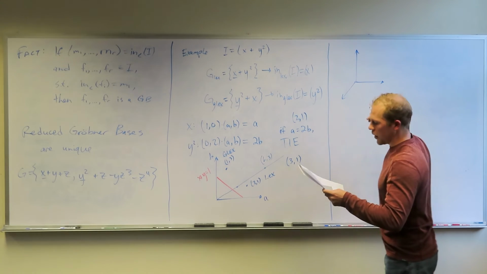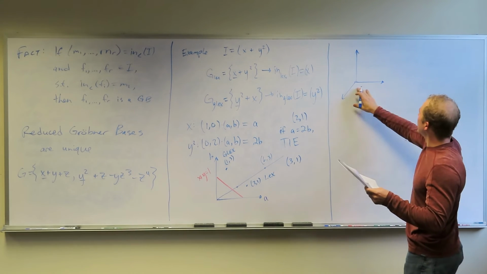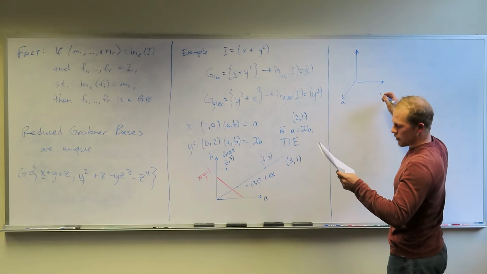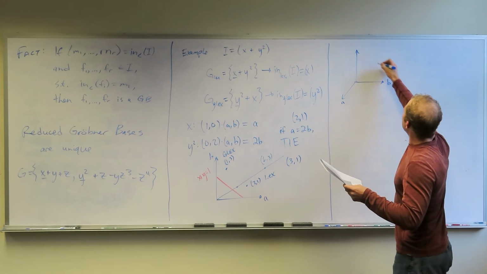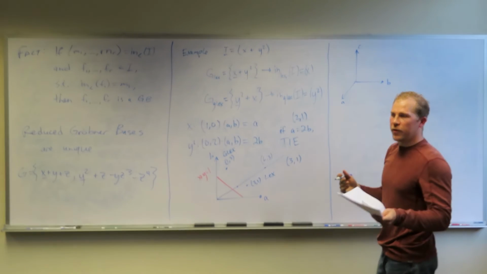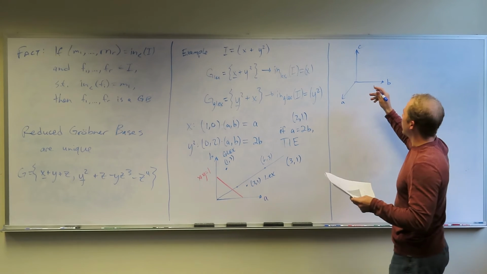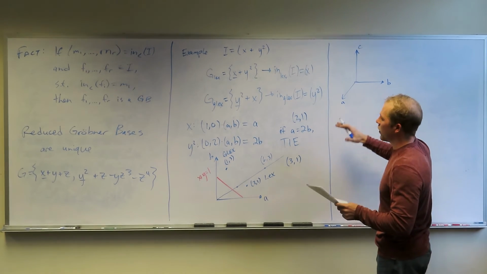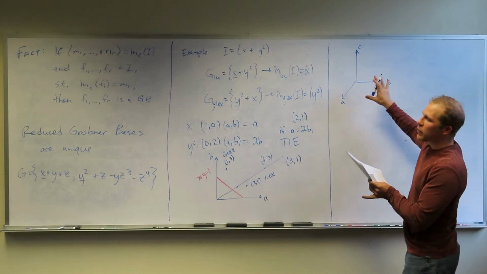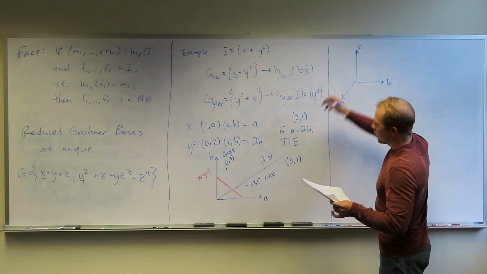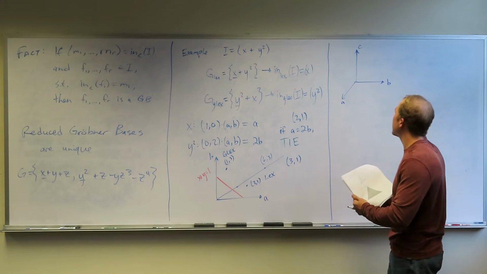So before I get into the example, the next example is going to be in 3 variables, and so my weight vectors are going to have 3 variables. The pictures that I'm going to draw aren't going to be a 3-dimensional fan. I'm going to do what I did here and look at a slice.